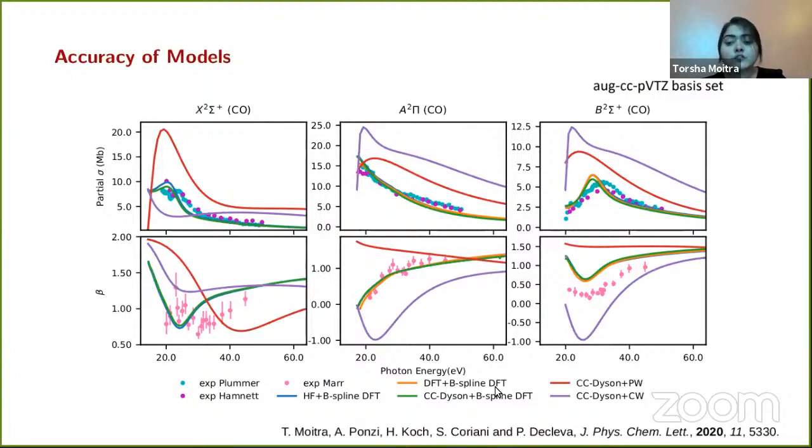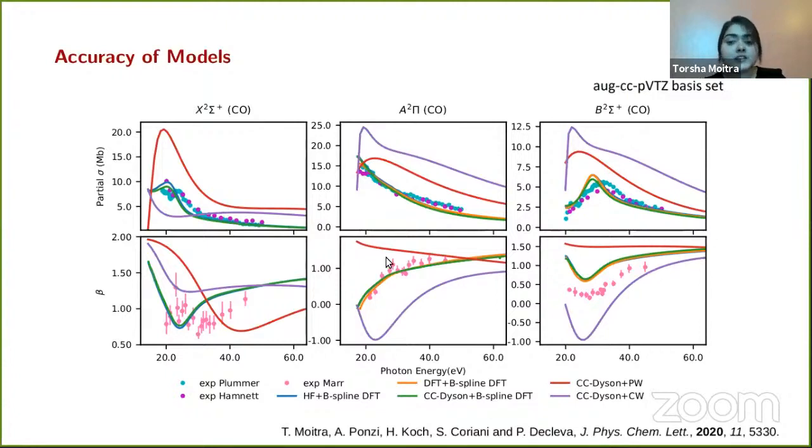Next, we shift our focus on the performance of the continuum part for the B-spline DFT, plane wave, and Coulomb wave approaches, again keeping the bound state description constant to CC Dyson. This can be shown by the green, maroon, and violet lines. What we see is that B-spline DFT certainly outperforms the other 2 approaches and is usually within the experimental error bars.